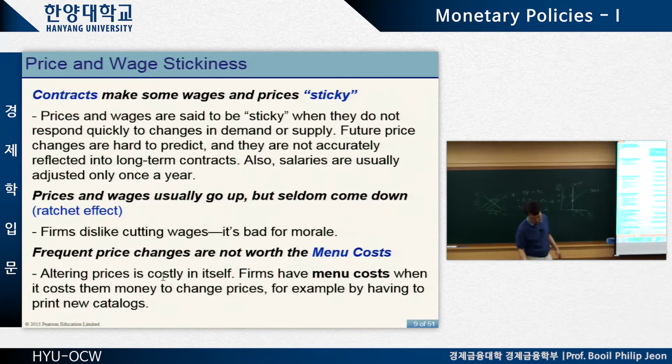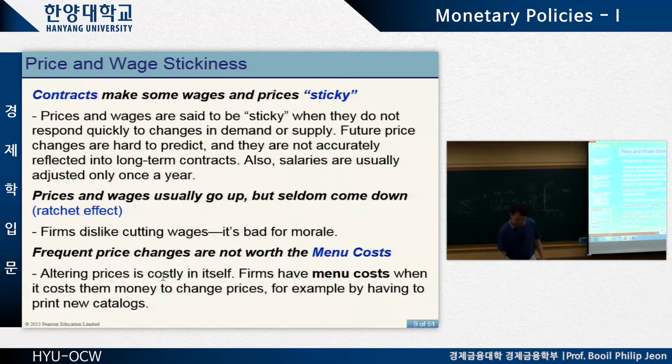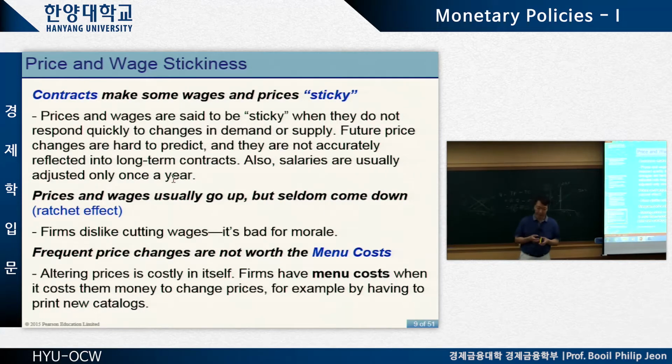And what are the reasons for those? Future price changes are hard to predict, and they are not accurately reflected in the long-term contract. What are we talking about? This is a very important concept. Try to pay attention and try to understand what I'm saying.